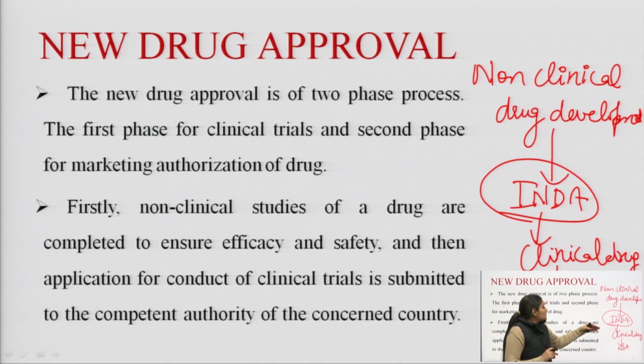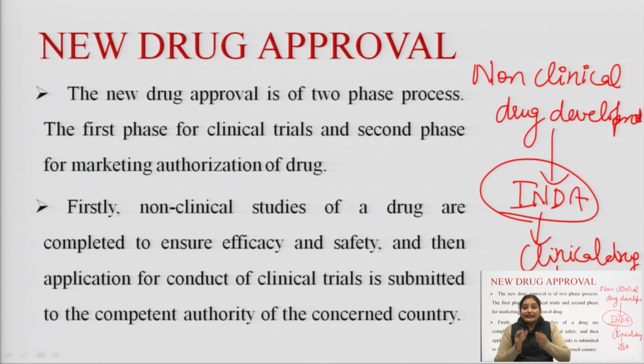Okay. So, after getting the INDA approval, the drug product will go to the clinical drug development stage, and in this stage there will be clinical trials conducted. Okay. Clinical trials will be conducted on the respective drug product and the drug will undergo all the 4 phases of studies, phase 1, phase 2, phase 3 and phase 4.